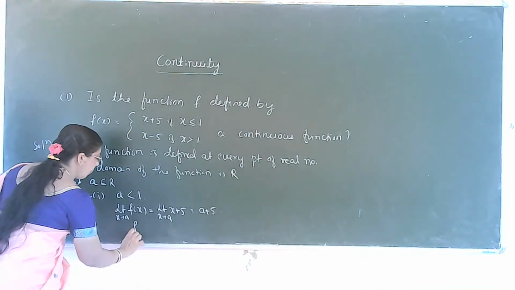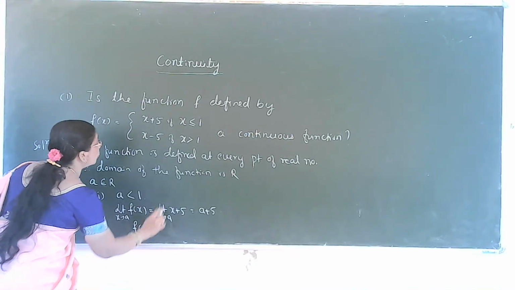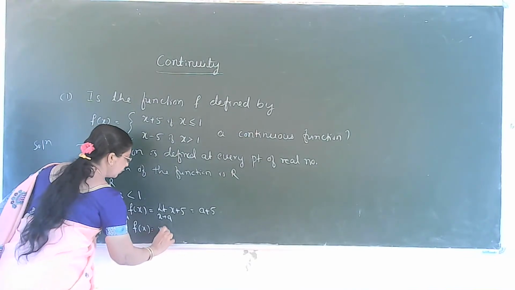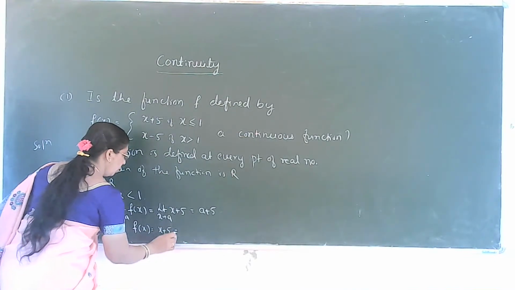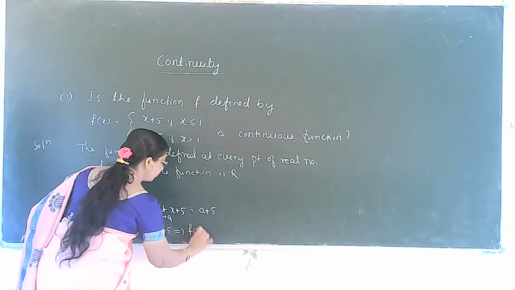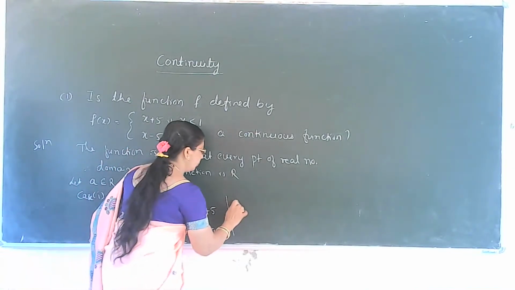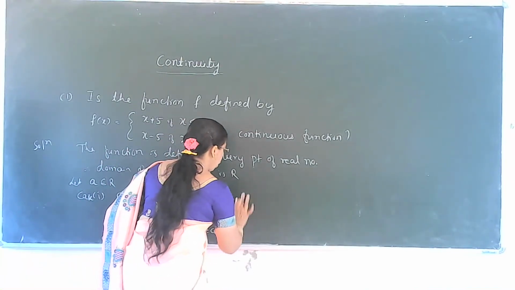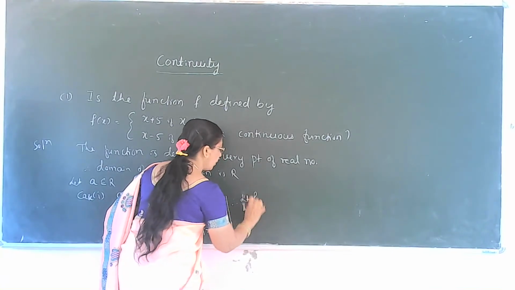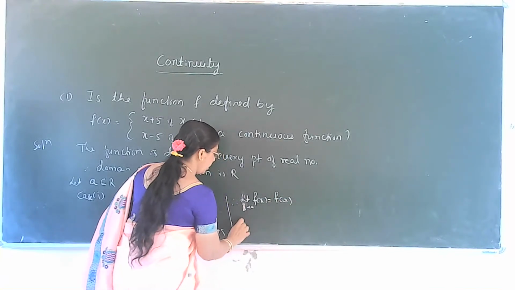Then f of a, f of x equal to x plus 5, therefore f of a is equal to a plus 5. Therefore limit of x tends to a, f of x is equal to f of a.